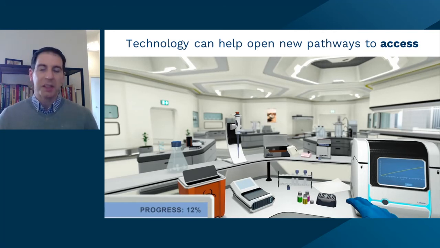So if everything that we're thinking about is dedicated to access and making this equipment, these experiences more accessible to people all over the world, what are we doing if accessibility and inclusion are at the heart of what we're thinking about on a regular basis and how we're designing these solutions?